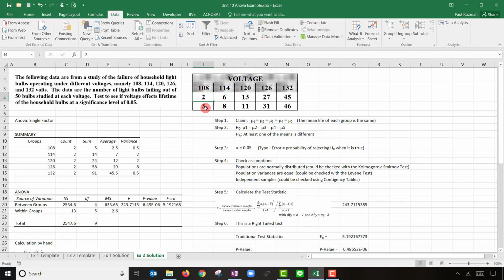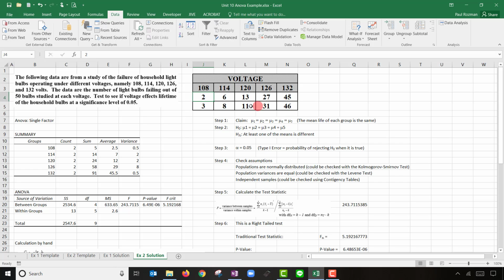So we didn't collect very much data. For each voltage, we just killed 100 bulbs. At 132 volts, 45 out of the 50 bulbs failed. And then we did the experiment again, and 46 out of the 50 bulbs failed.